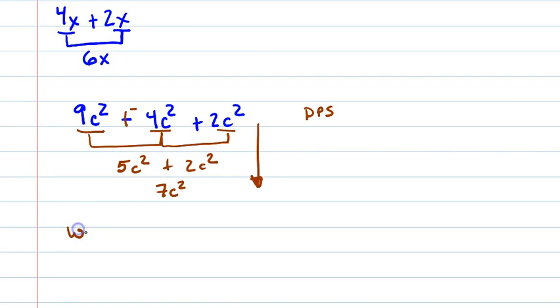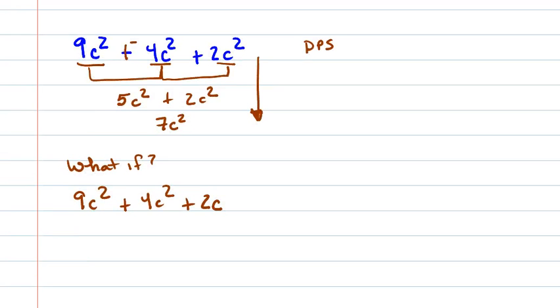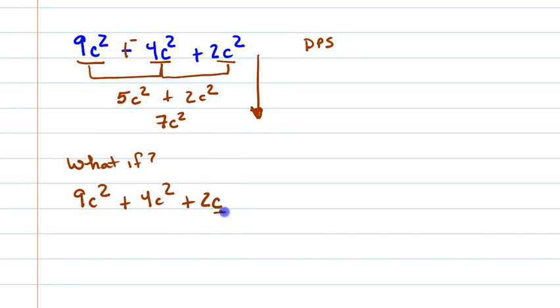Here's a what if. What if this expression would have been 9c squared plus 4c squared plus 2c? How would this be different? Well, c and c squared are not the same variable parts.